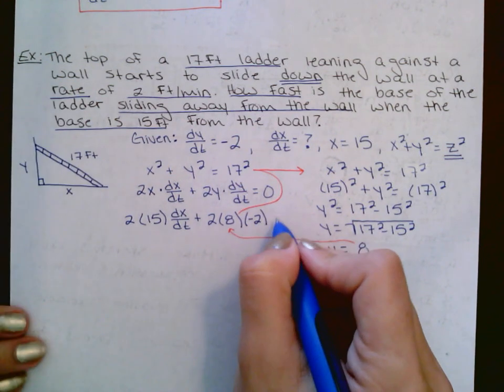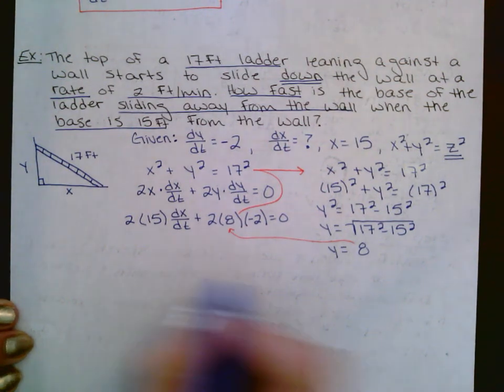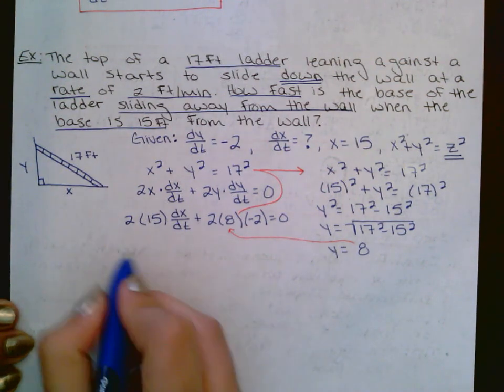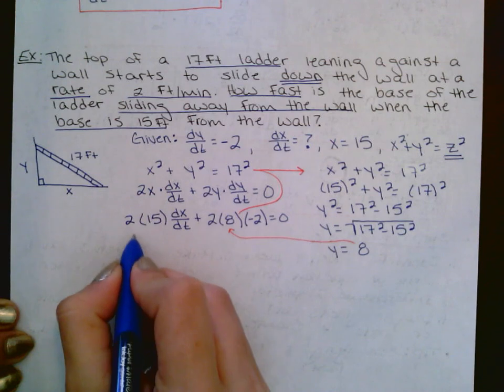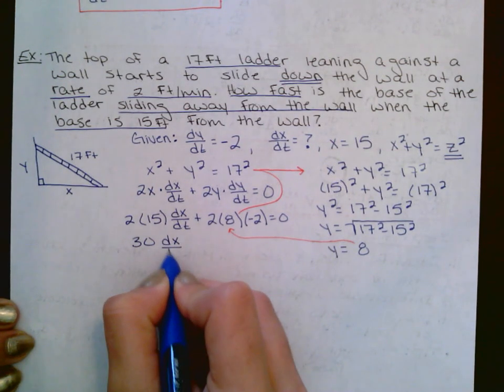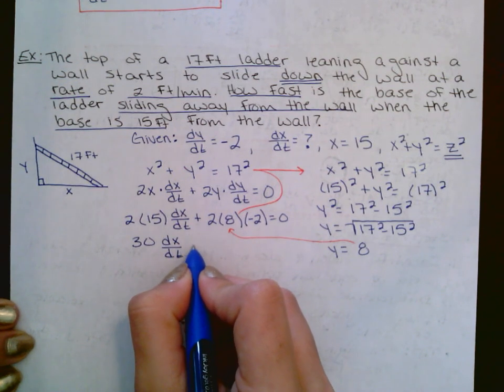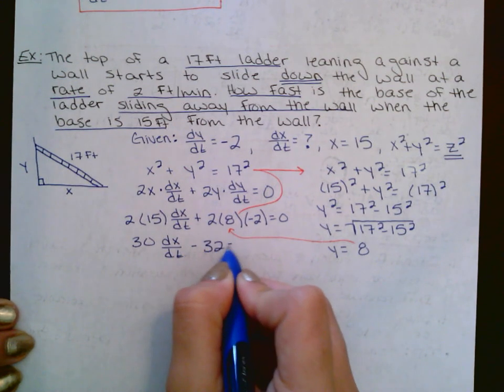All right. And then equals 0. So I plugged in my givens. And one wasn't completely given. I had to use some clues there. And now all I'm going to do is solve for dx dt. So 15 times 2 is 30 dx dt. Okay. Minus 32 equals 0.